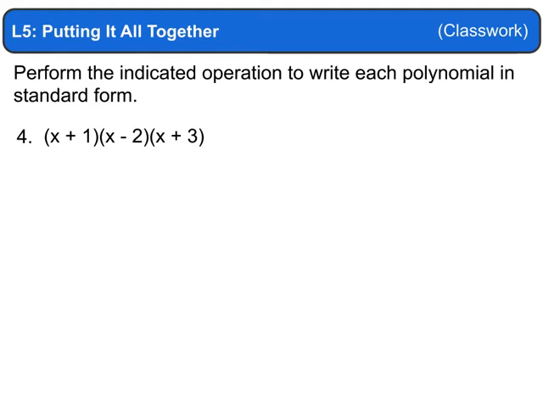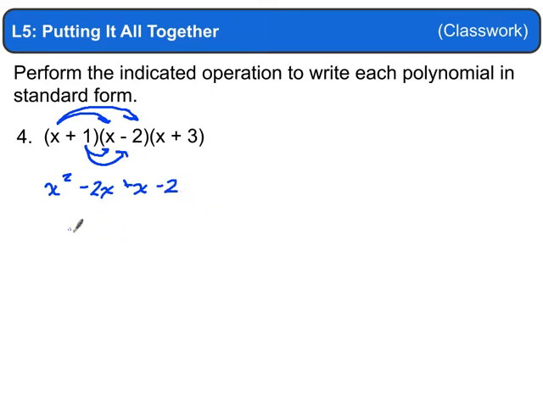Right, number 4, they have us multiplying 3 things together. And this is a case where you may use different methods to do different things. Like, for example, if I look at this one, I'm not going to draw a box for these two. I'm going to do the distributive property, where I multiply x times x, and I get x squared, and then x times negative 2, and I get negative 2x, and then I multiply this one here, I get an x, and then I multiply this one, and I get a negative 2.